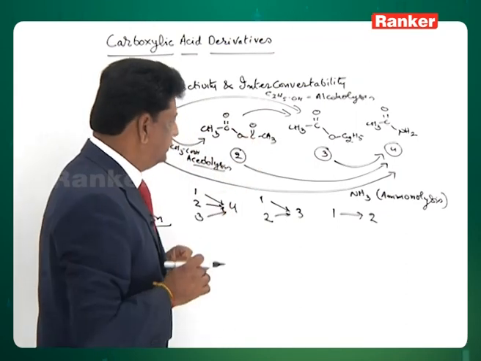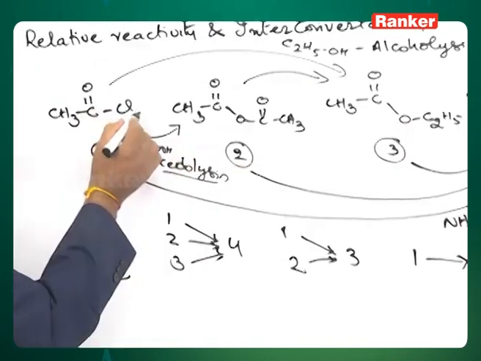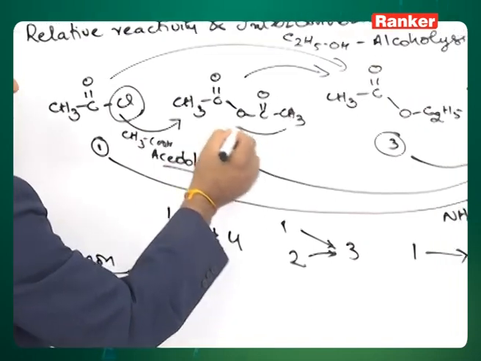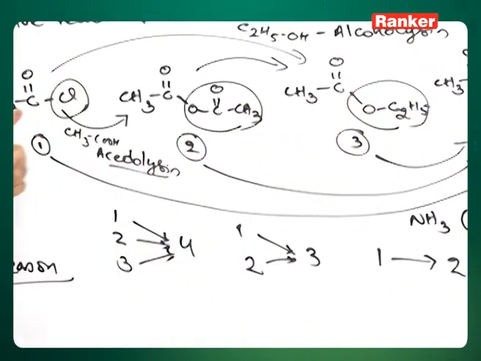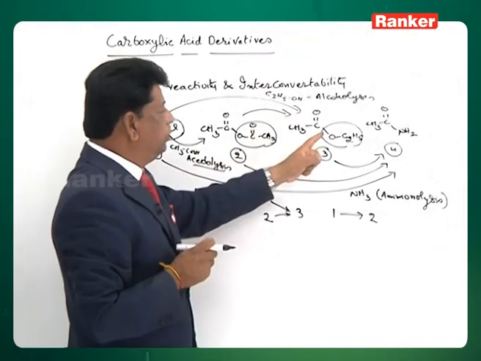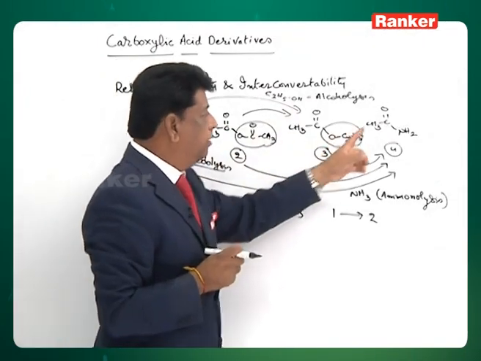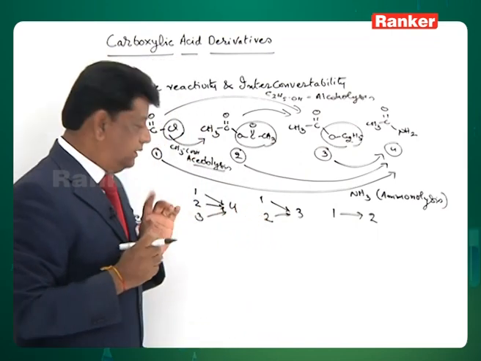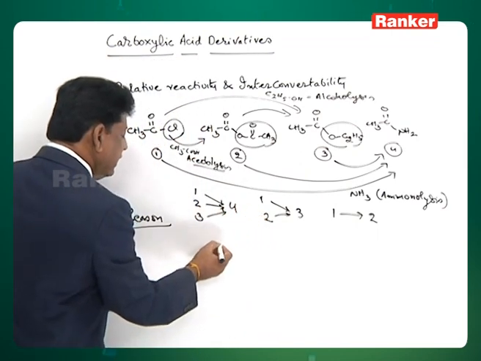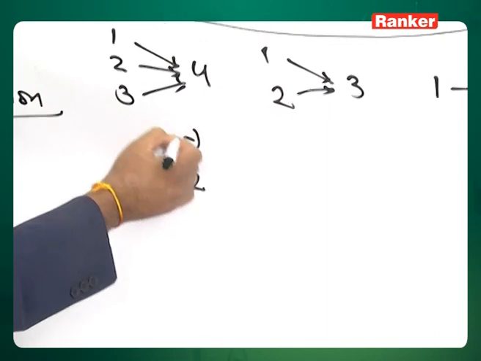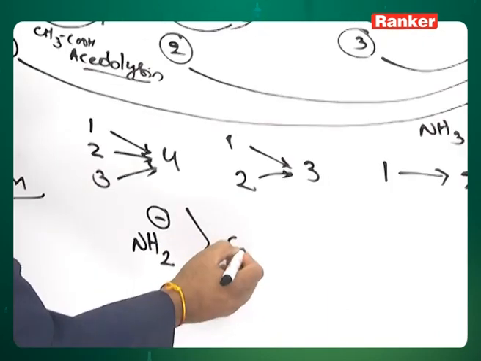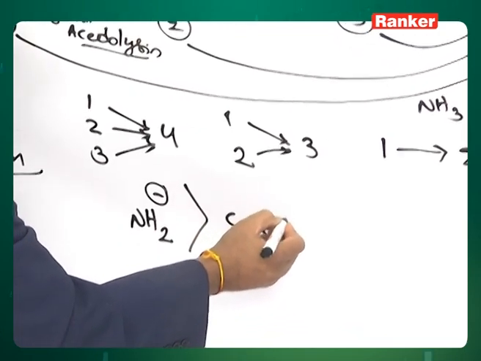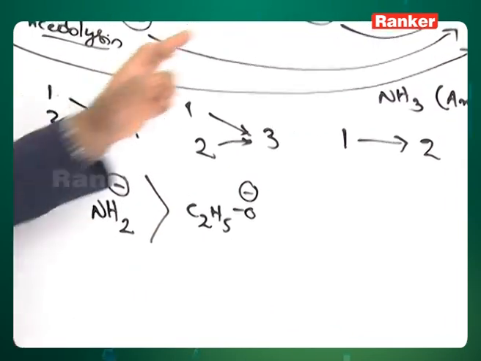If I ask the question here, what is the group that is expelled? This is the group expelled. When I add ammonia, this group and this group can be successfully replaced by NH2 minus. So, NH2 minus happens to be the strongest base, stronger than ethoxide. C2H5O minus is the next stronger base.